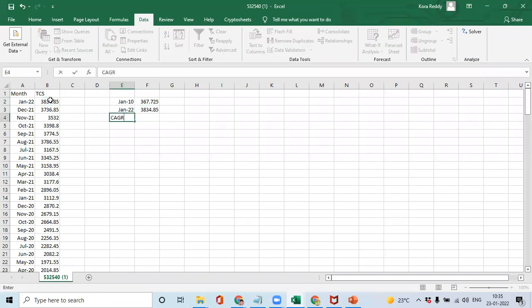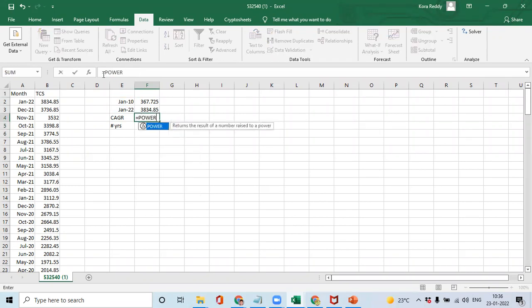Now you calculate something called CAGR. So how many years did you invest? This minus this, so that's about 4,380 days. You convert that into number of years, which is 365.25 to be accurate. It's about 12 years.